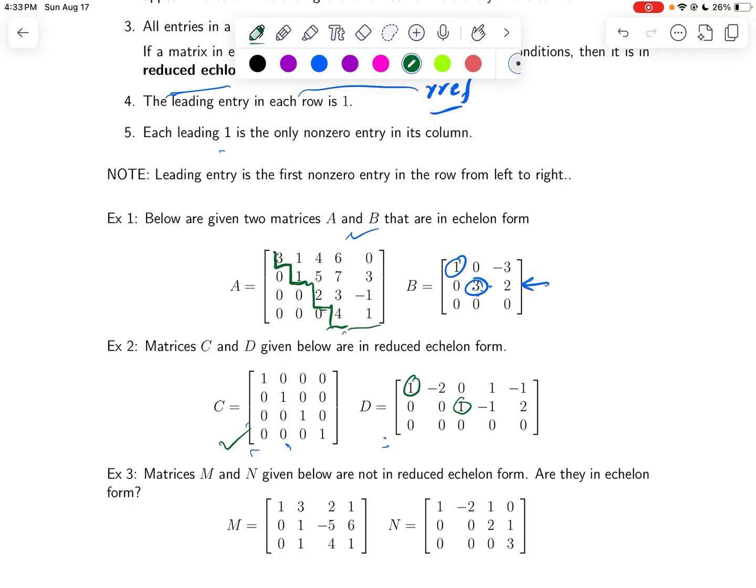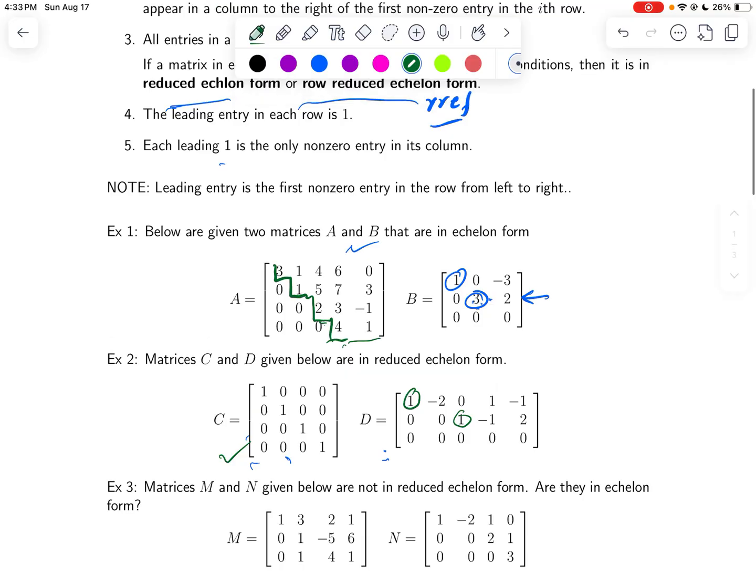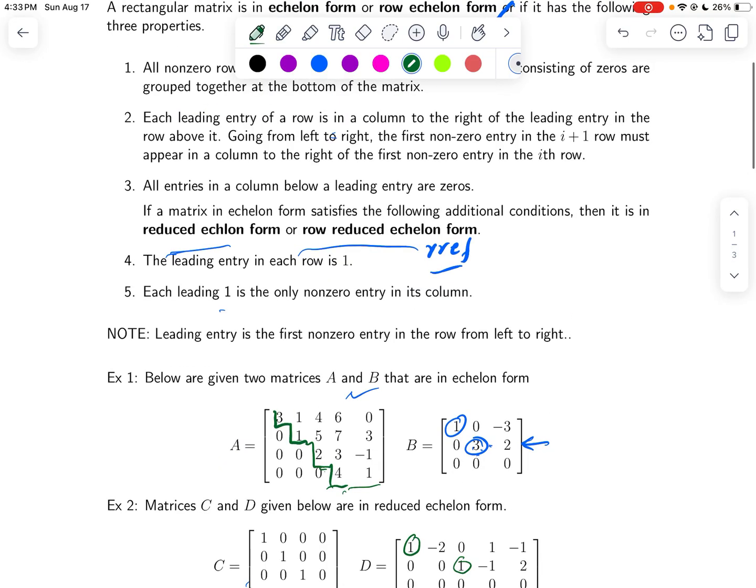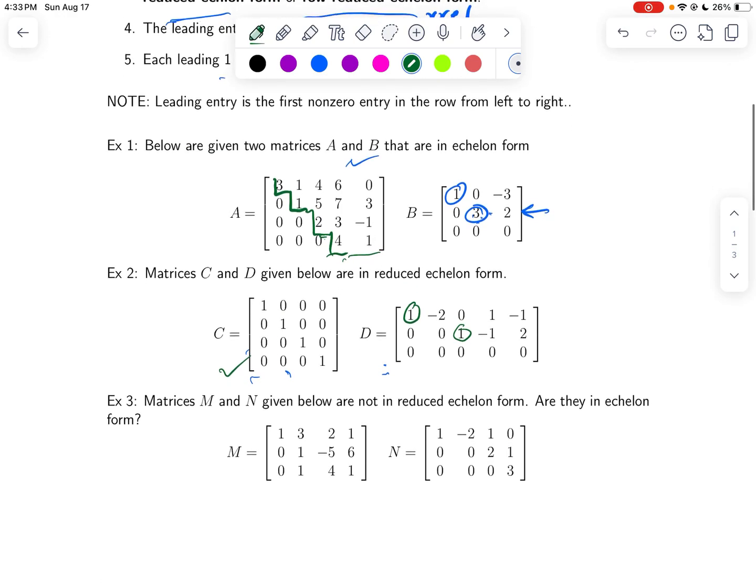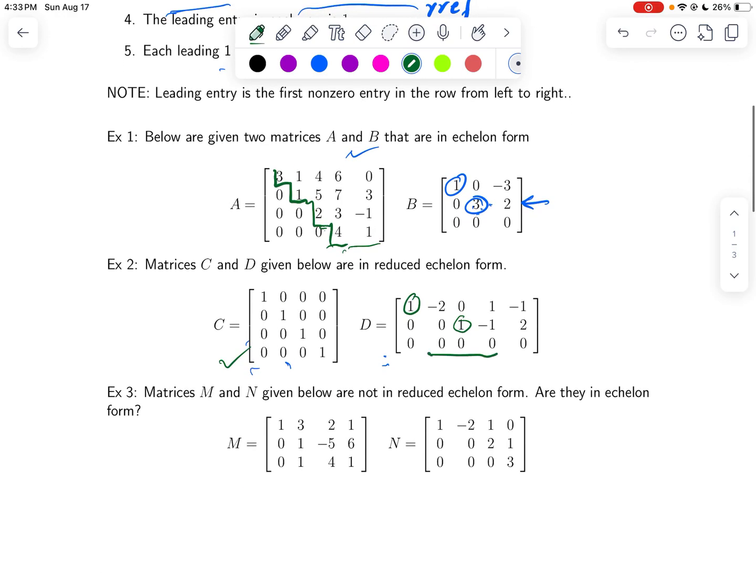The other condition was that, going to the echelon form, because the reduced echelon form must satisfy all 5 conditions. So the first condition is that if there is a row of zeros, it's at the bottom of the matrix, which is what we have here.